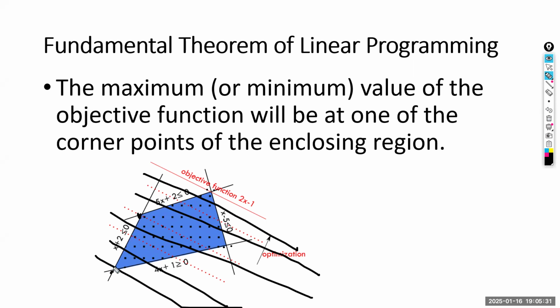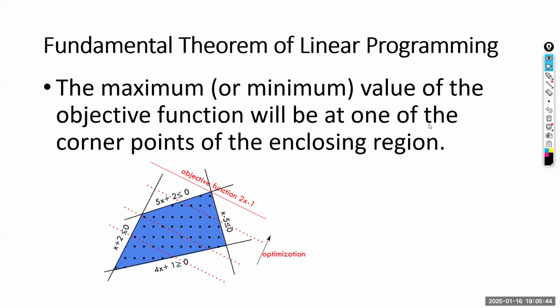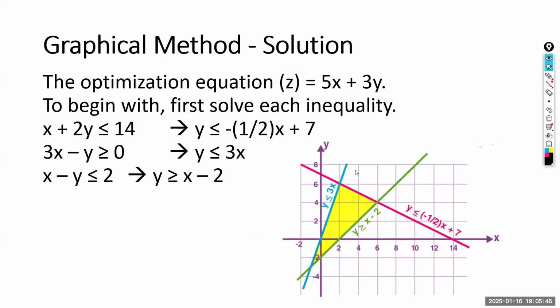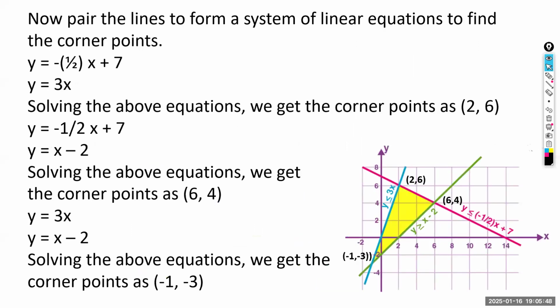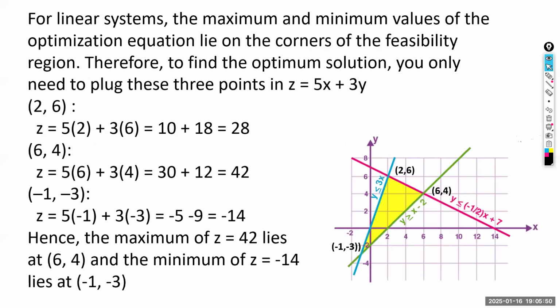Then substitute each value in the objective function and find the biggest, and that is the optimum solution. The optimal solution is always one of the corner points, so that is why we first need to find the corner points. Okay, that is the graphical method. That we discussed.